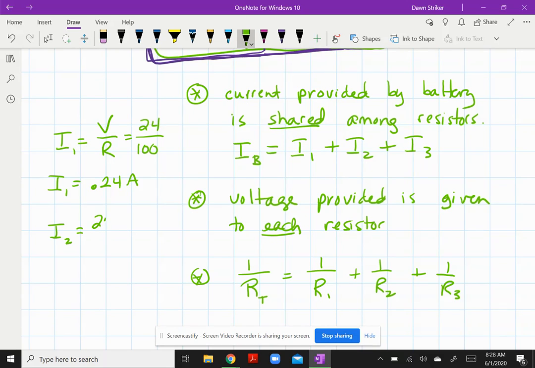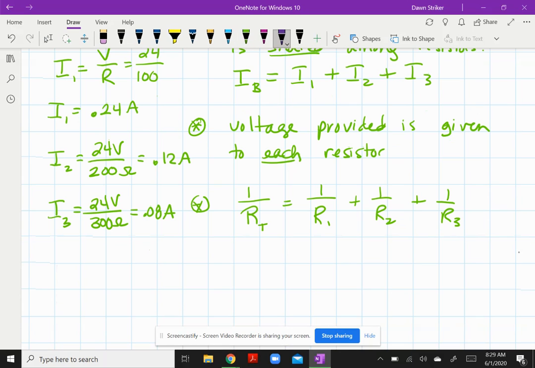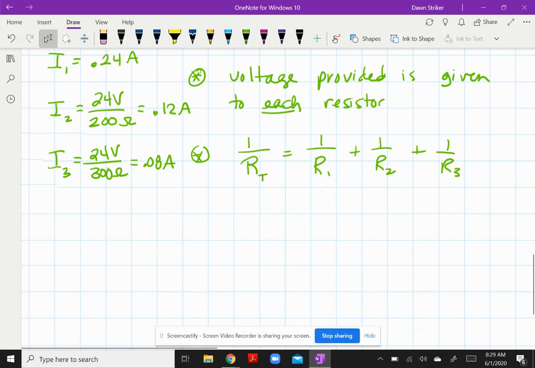Well, that's going to be 24 volts divided by 200 ohms. 24 divided by 200. What's that going to be? 0.12 amps. And I3, 24 volts divided by 300 ohms. 0.08, 0.08 amps.